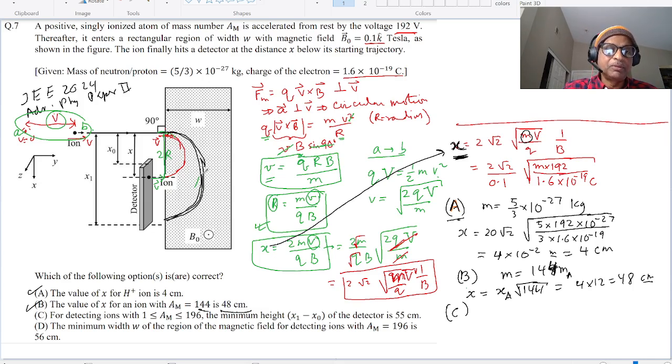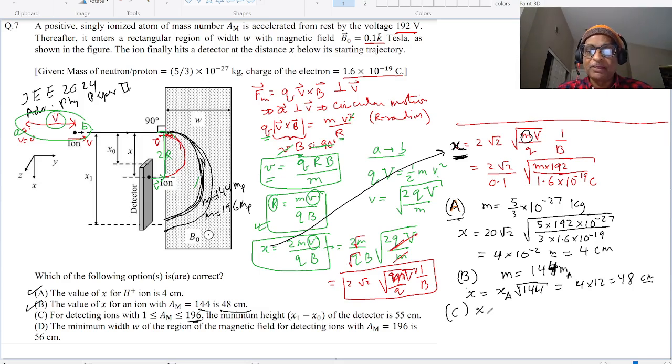So if the mass was 144 m P, and then it says I want to have 196 m P, what would be the x for that?